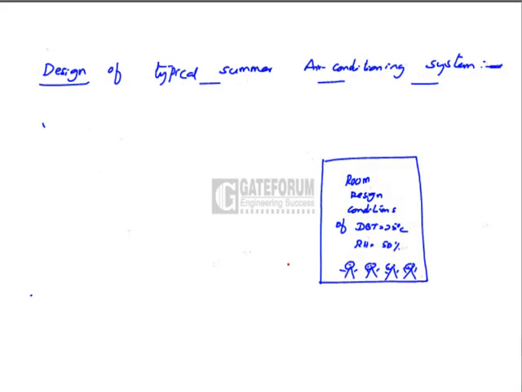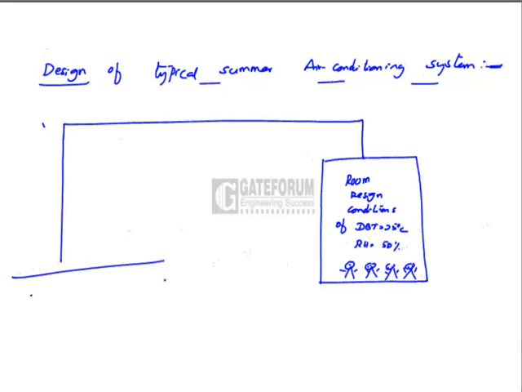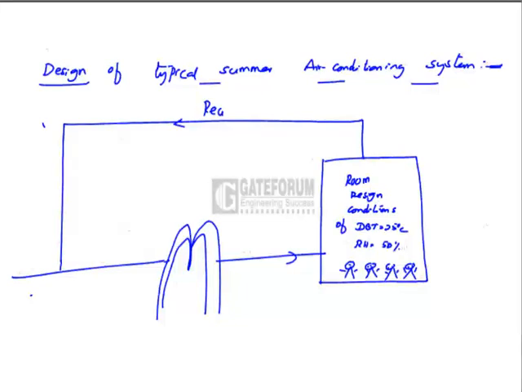So first of all, let me draw the typical flow diagram of the air conditioning system. This is recirculated air. This is outside air.